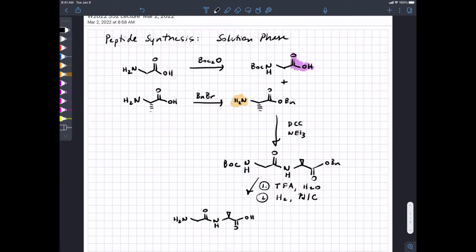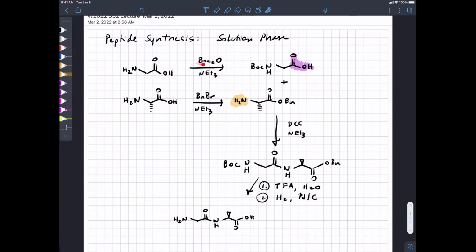I think before I've said we often use triethylamine for that purpose. But in any case, the key to recognize is just the BOC anhydride and the benzyl bromide. In any case, the BOC protects the alpha amino group, and then benzyl bromide can protect the carboxylic acid.